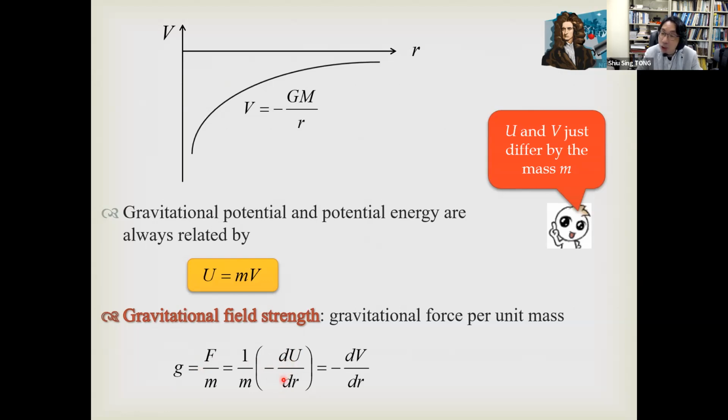Since the gravitational potential energy divided by m is the gravitational potential, the field strength g is just minus the spatial derivative of the gravitational potential. So g is minus dV dr.